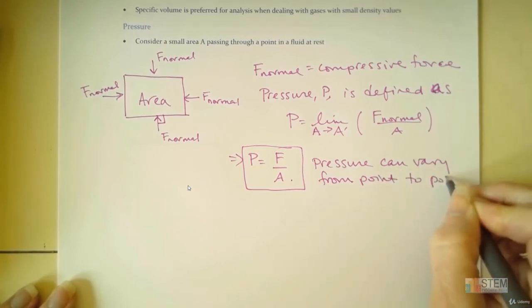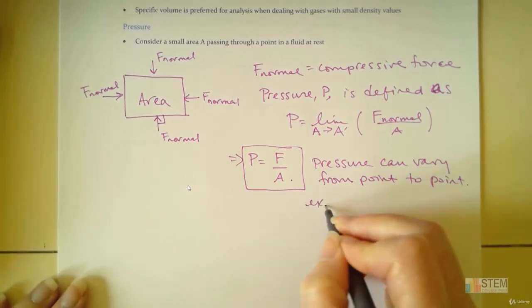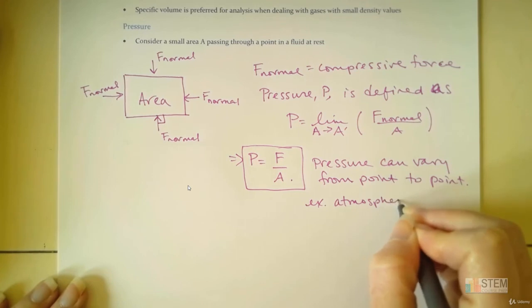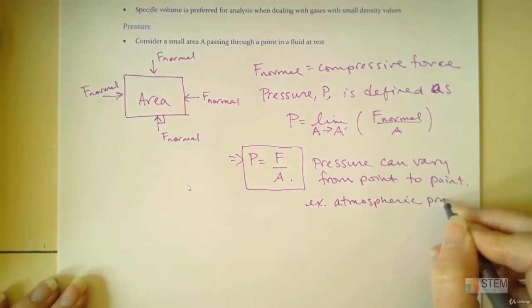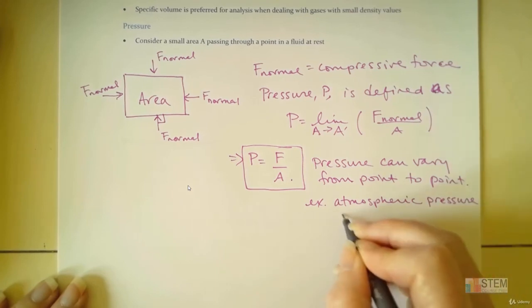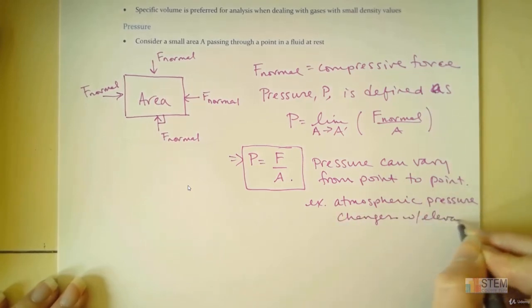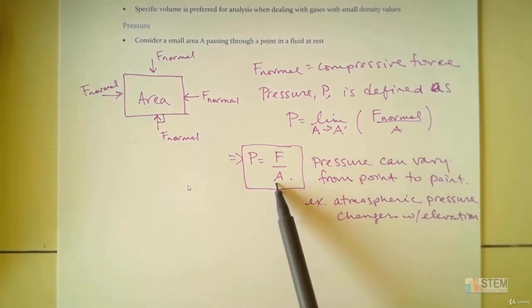So if you think about the atmosphere again, atmospheric pressure changes with elevation. So that's an example of it changing with location. So that's our equation for pressure. It's basically how much force you have per unit area.